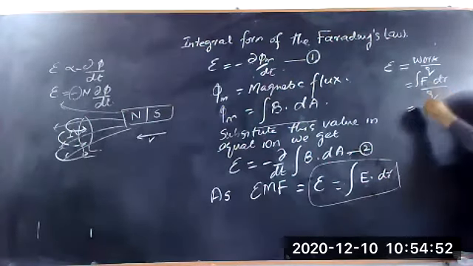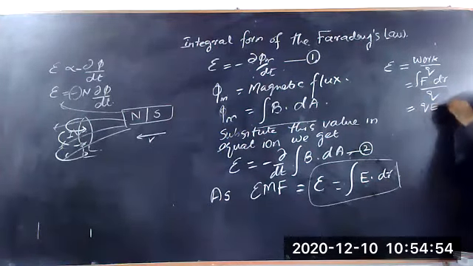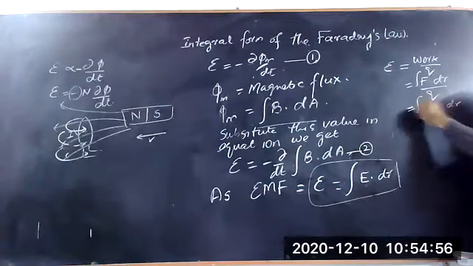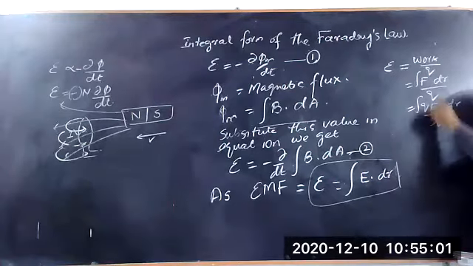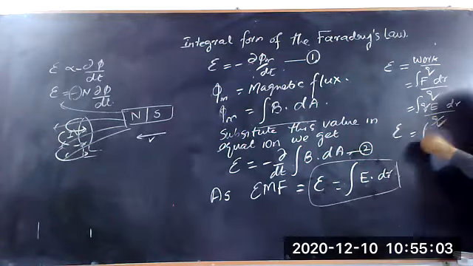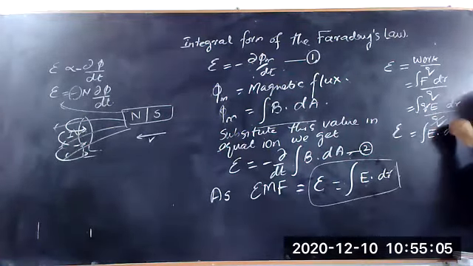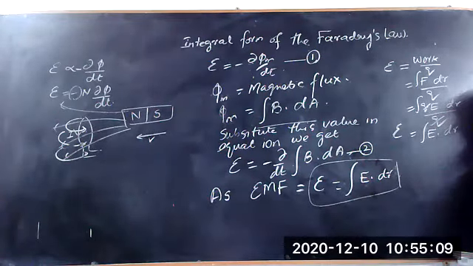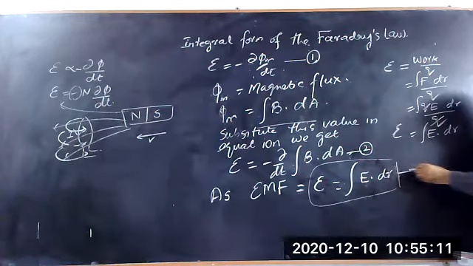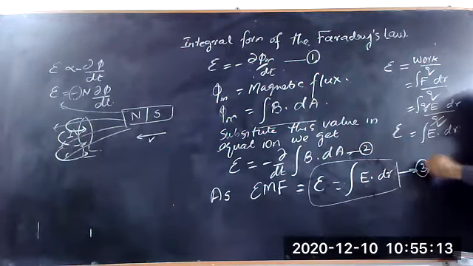The force is equal to Q into E, into dr, divided by Q. So this Q cancels, and EMF is equal to the electric field multiplied by the distance dr. Therefore we have equation number 3.